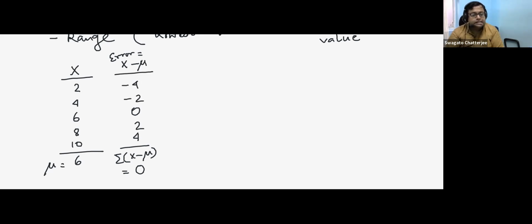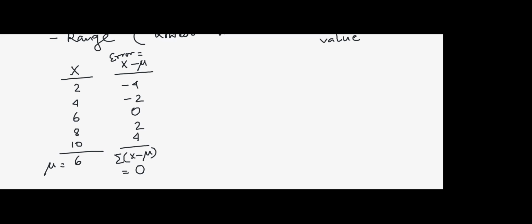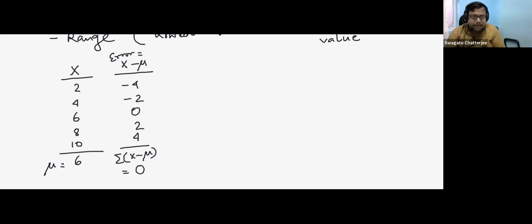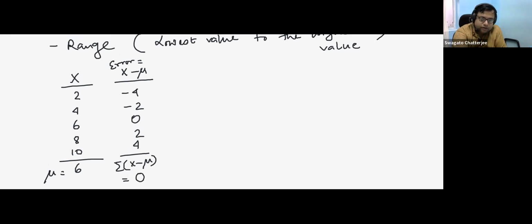Now there are two choices when -4 and +4 cancel out, and 2 and -2 cancel out. What will I do to not make them cancel out? Square them. Why will I square them? Can I do something else? Why don't I take a mod?